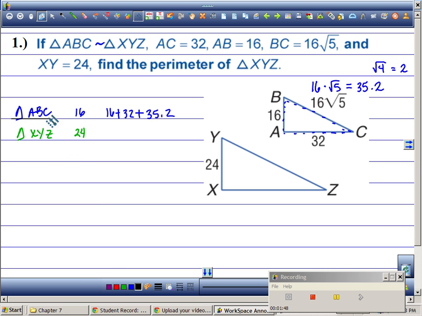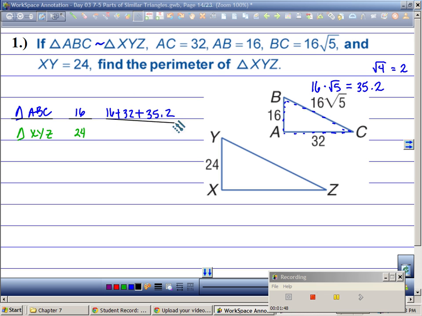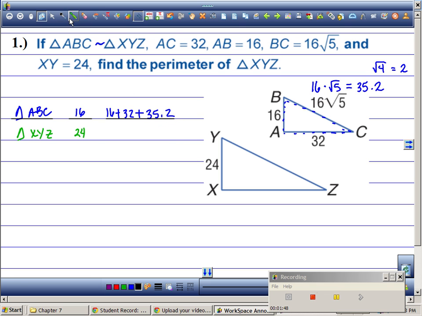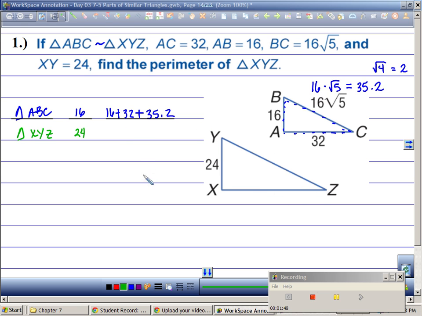Let's draw. Why would I do 32 over x, though? No, we're trying to find the perimeter. And we don't know the perimeter, so we're going to call that x. Right, Connor?